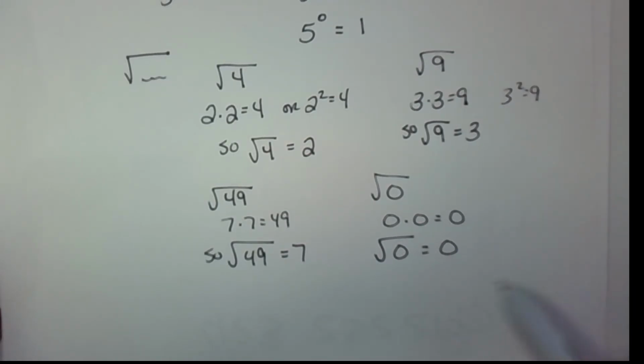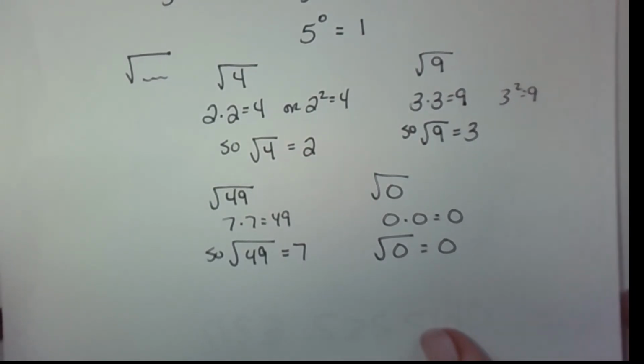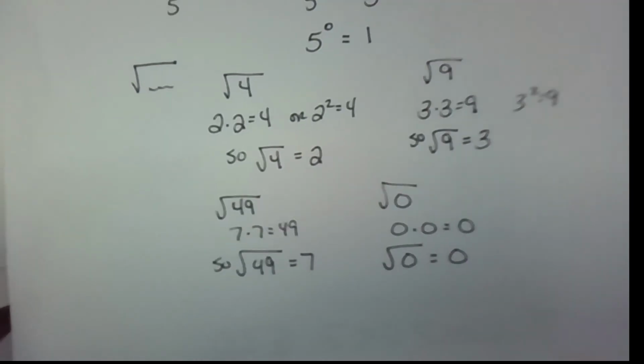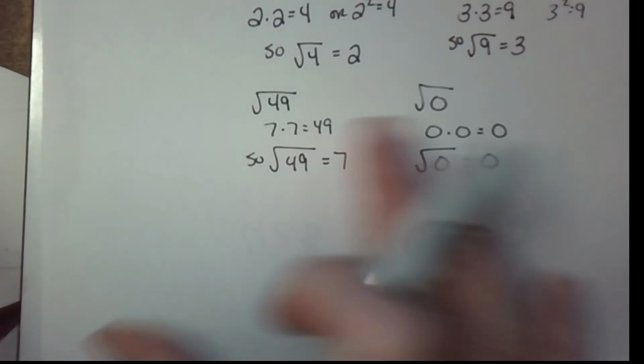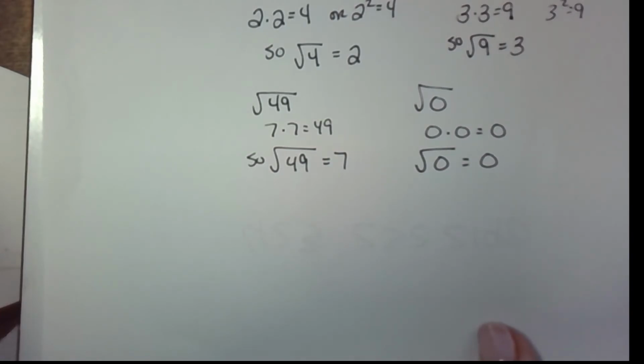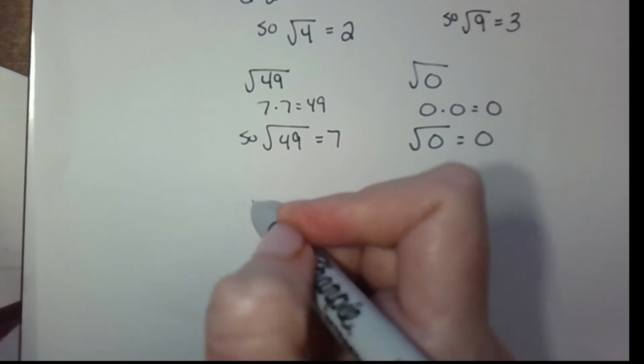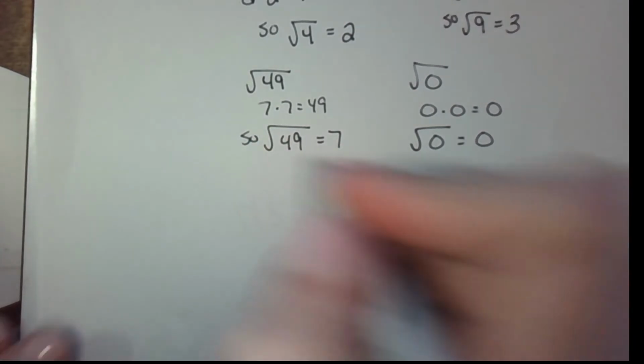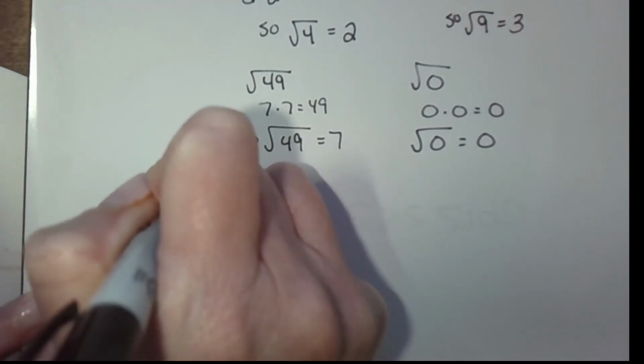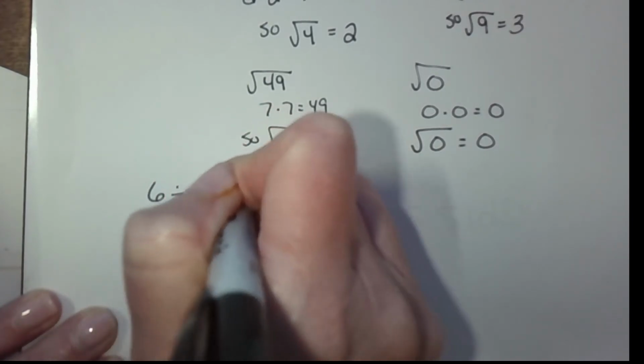Okay. While we're on 0, let's look at the definition of division and how we divide by 0, or rather, why we can't divide by 0. What happens when we have 0 and division? I'm just going to put up an example.